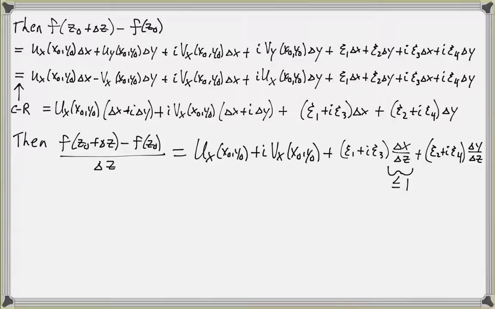In absolute value, delta x over delta z will be less than or equal to 1. Similarly, in absolute value, delta y over delta z will be less than or equal to 1. So as delta z tends to 0, we see that this expression goes to the derivative of u with respect to x plus i times the derivative of v with respect to x.